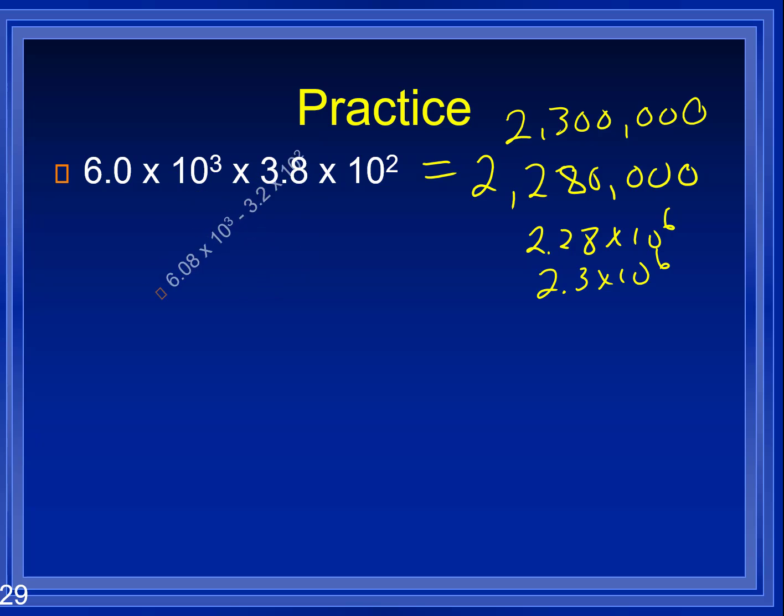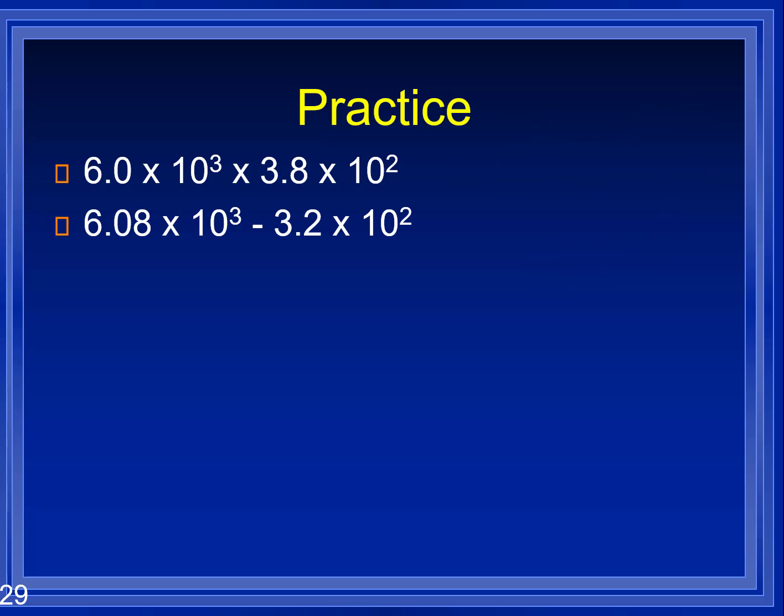All right. So let's take those same numbers, or almost the same numbers, and subtract them. So you push the buttons on your calculator. 6.08 times 10 to the third minus 3.2 times 10 to the second equals, if you have successfully pushed buttons, you will get 5,760.